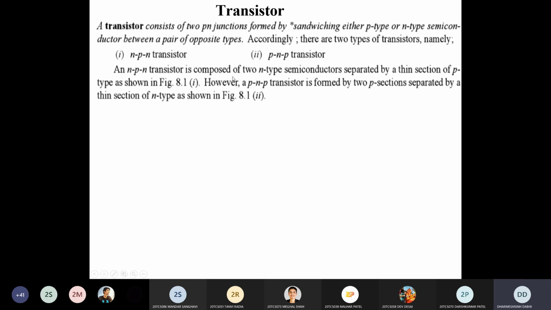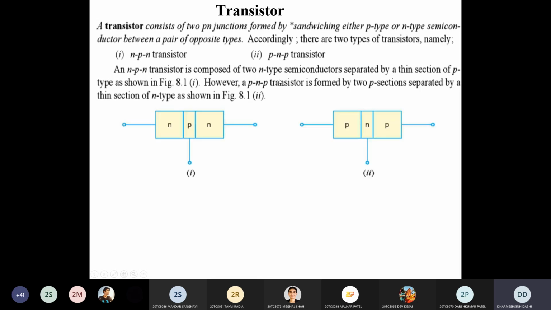In an NPN transistor, two N-type semiconductor layers are separated by a thin section of P-type. You can see in the figure, at the middle the P section is thin as compared to the two N layers and is sandwiched by them. So that makes the NPN type of transistor.